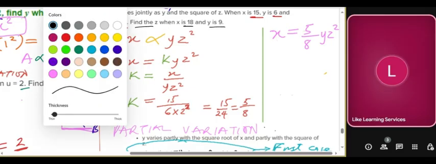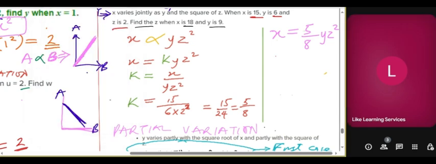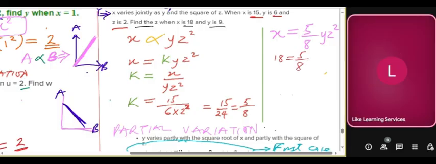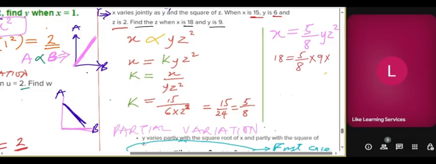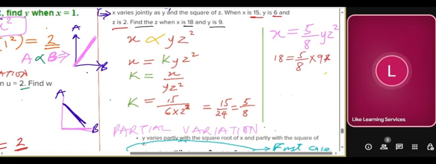When x is 18, that would be 18 equal to 5 over 8 times y, which is 9, times z squared. You could have just said 9z squared. Do you get that? Yeah.